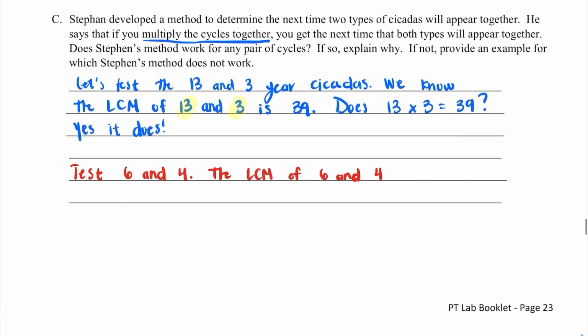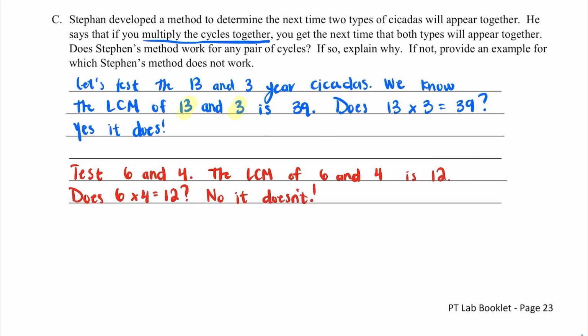The least common multiple of 6 and 4 in question B, we said was 12. Right? We know this for a fact already. Now, we're going to test Stephen's method here. We're going to multiply 6 and 4. So does 6 times 4 equal 12? No, it does not.